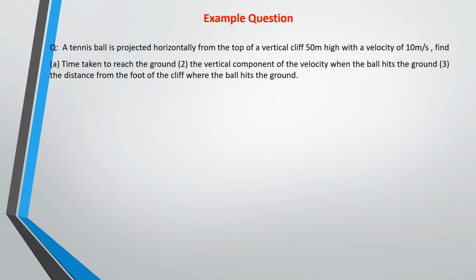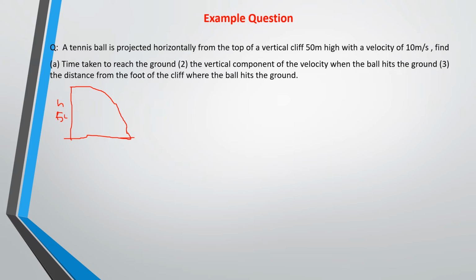Okay, so you have been given that. If you wish, you can decide to draw the picture that is depicted there. The body is projected horizontally from a cliff. You can draw it yourself. This is the height, and it's given to you to be 50 meters.